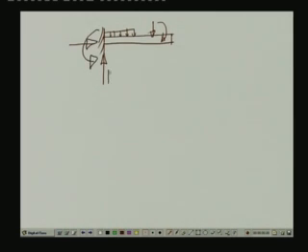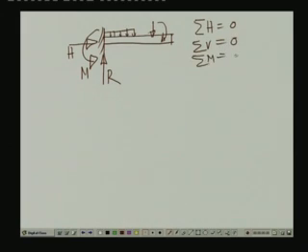So, this is the reactive force R, horizontal force H, and moment M, and all these three quantities can be evaluated using the equations of statics, namely summation of horizontal forces equals 0, summation of vertical forces equals 0, and summation of moment at any point within this beam equals 0. If we do that, we can evaluate these unknown reactive forces H, M, and R. So, this particular system is a determinate system.